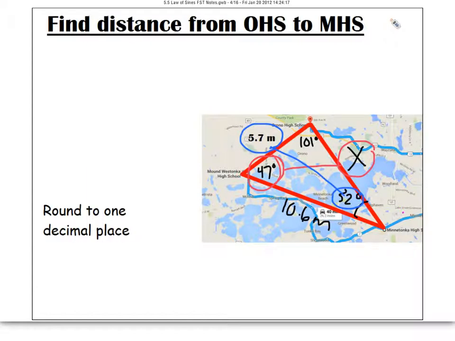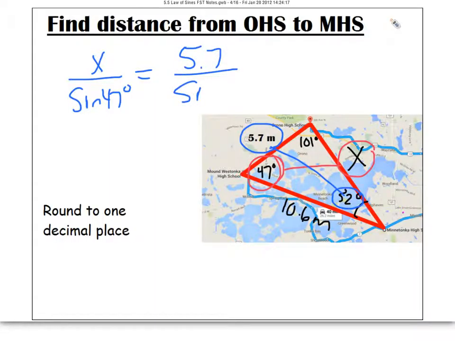So setting up law of sines would say x over the sine of 47 degrees is equal to 5.7 divided by the sine of 32 degrees. Now I'm just going to simplify this in a different order. First thing I'm going to do is just type in the sine of 47 in my calculator. So that'll become x divided by 0.73135.